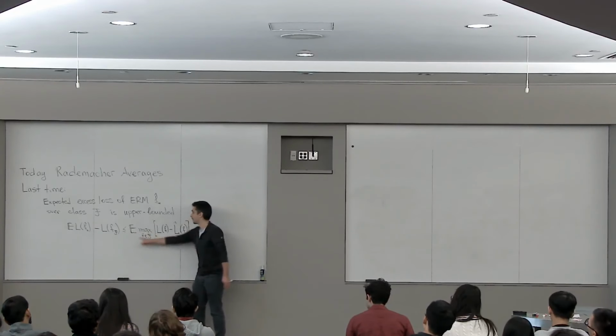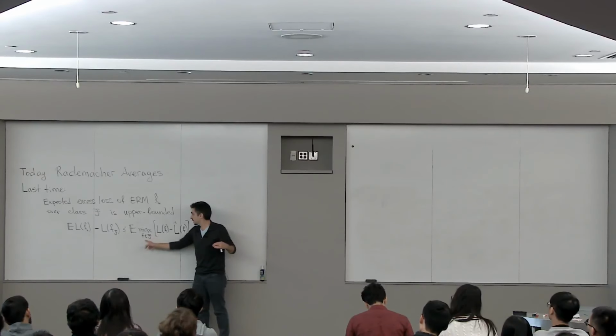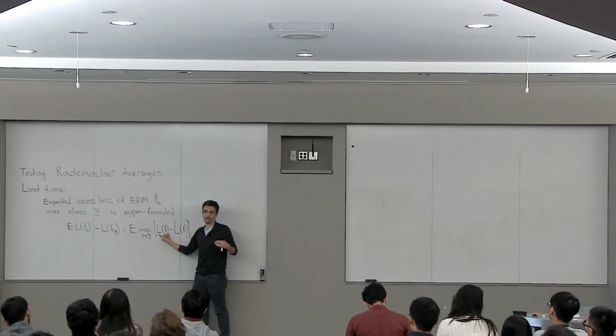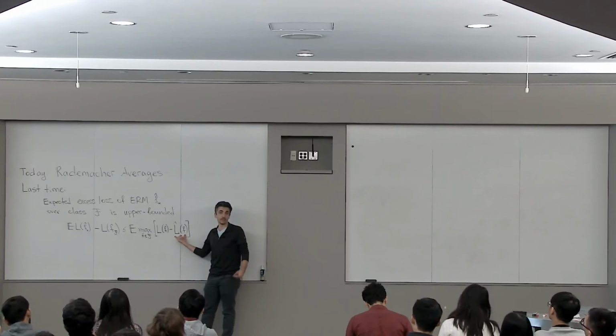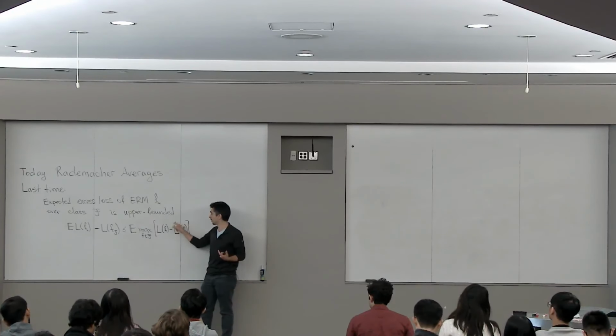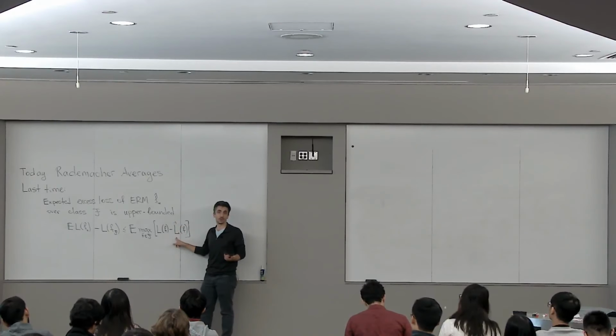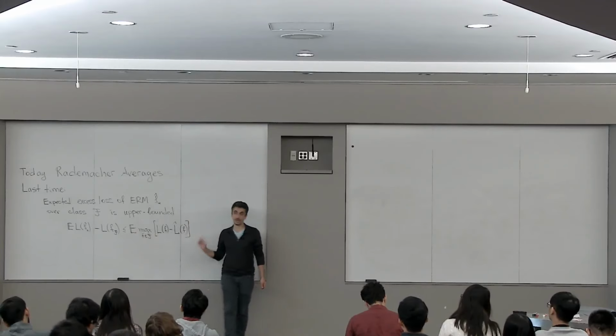So what is random about this guy? This is non-random, right? Remember the first lecture we put down a bunch of things? For a fixed f that doesn't depend on the data, this is not random, right? This one is random. And what is the randomness? It's exactly the data set, right? Because it's the empirical L hat, it depends on all the data. So we're taking expectation over the data.